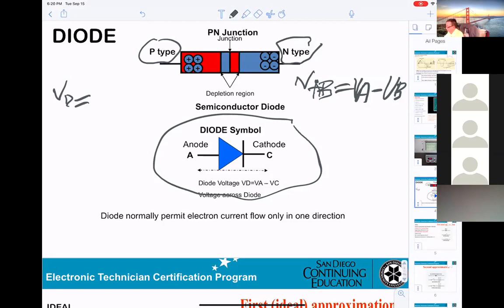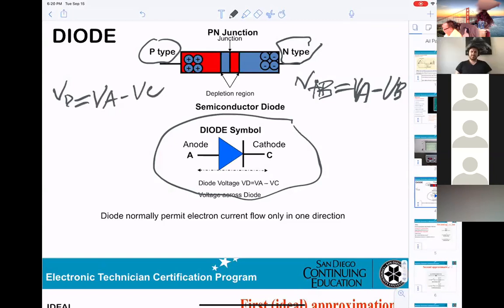VA minus VC. You must understand that basic definition. So later on you understand. Okay? So that's why in here I already said right here, VD equals VA minus VC. That's the voltage across the diode.